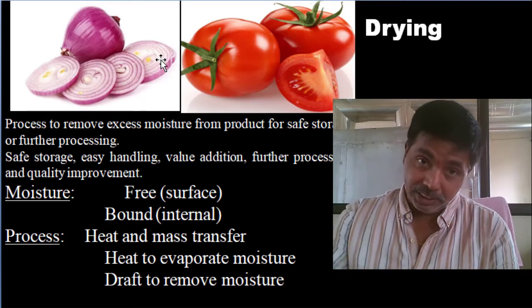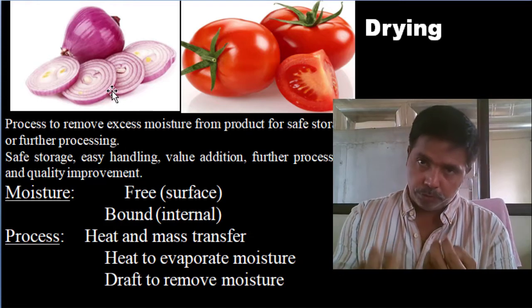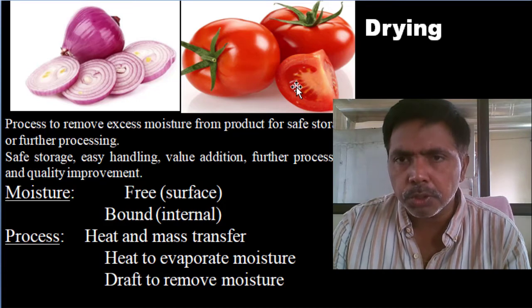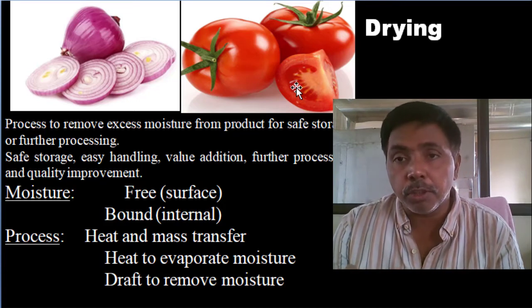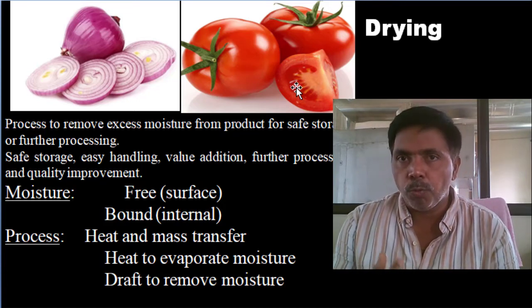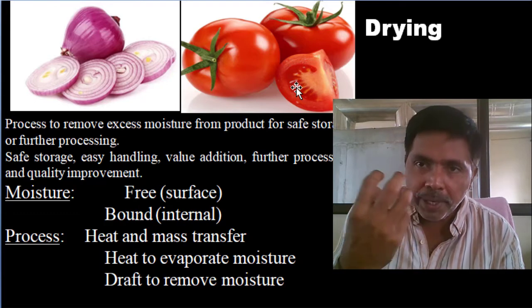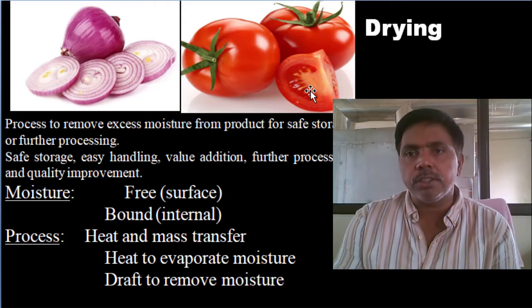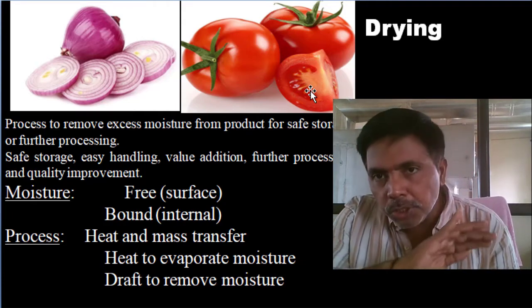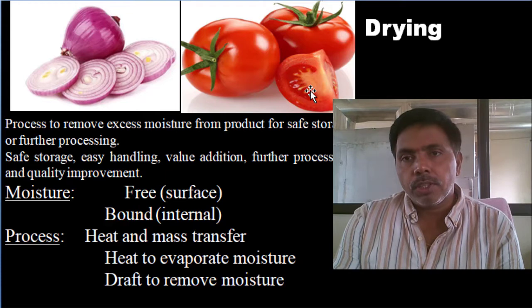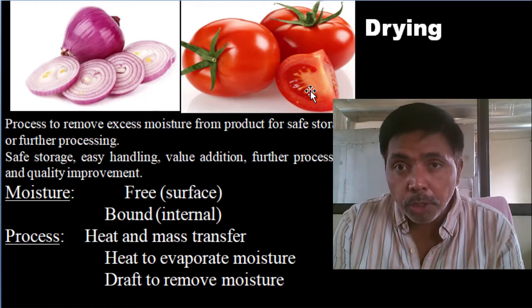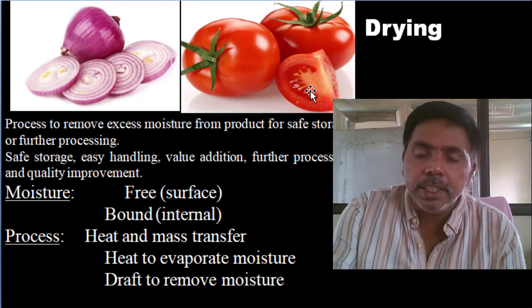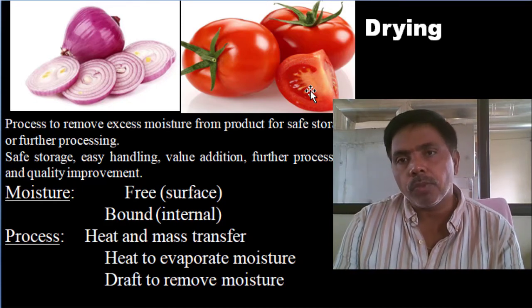But next, the remaining bonded moisture inside the agriculture produce is the major task to remove. By capillary action, we first bring the bonded moisture to the surface, then remove it. Removal of the bonded moisture is the main time-consuming part, and the engineering concept comes into the picture.